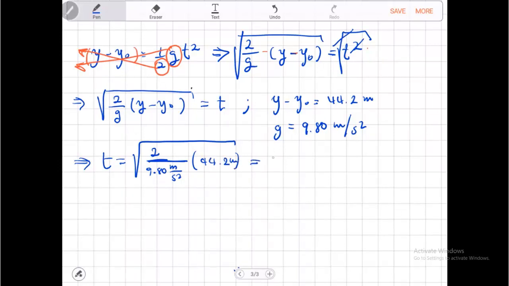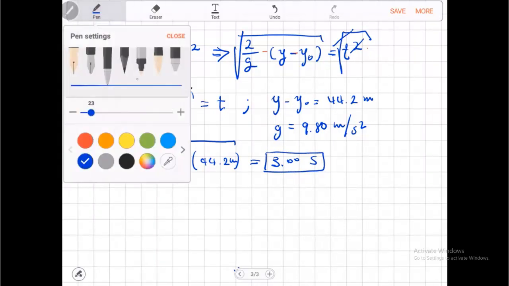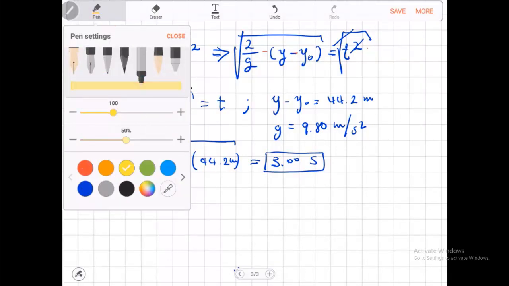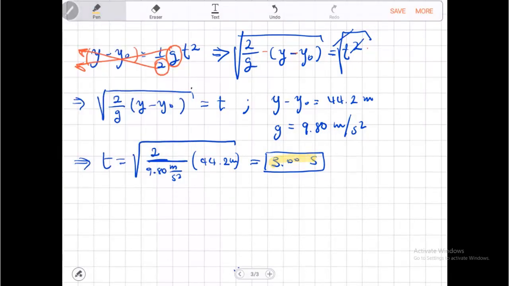And that's it: 3.0 seconds. That's the time the egg takes to fall and hit the professor's head, the time it takes to fall 44.2 meters.